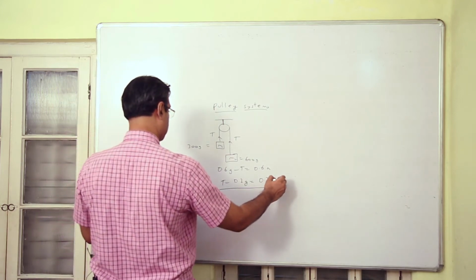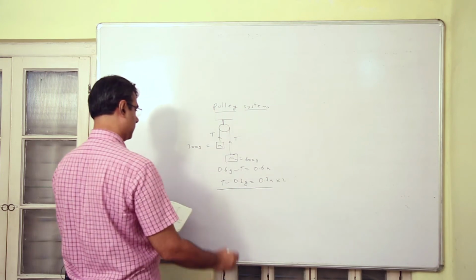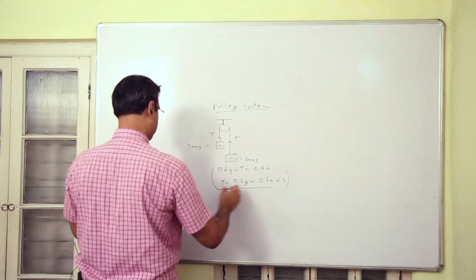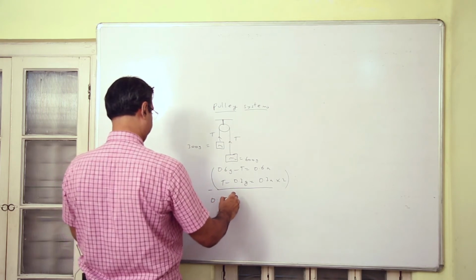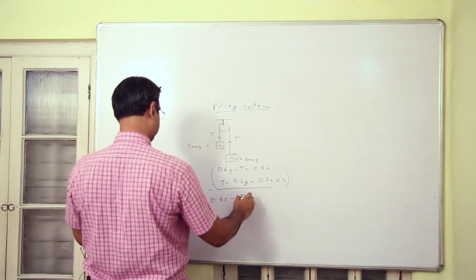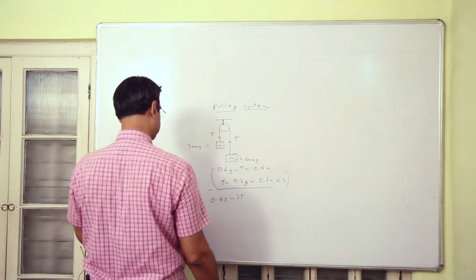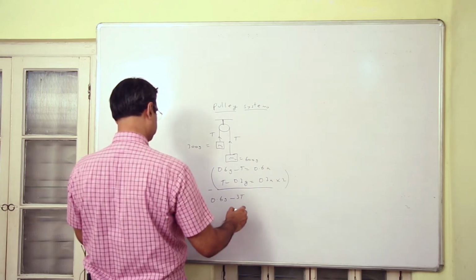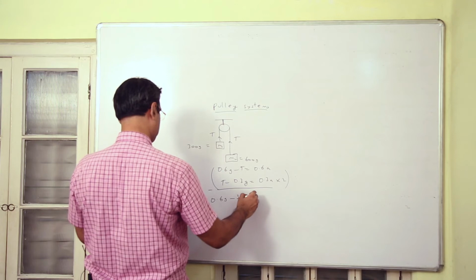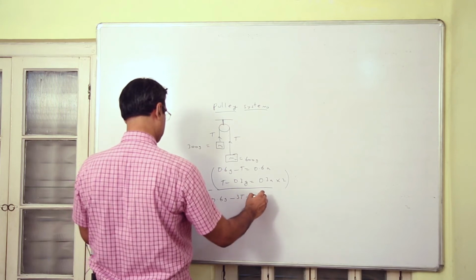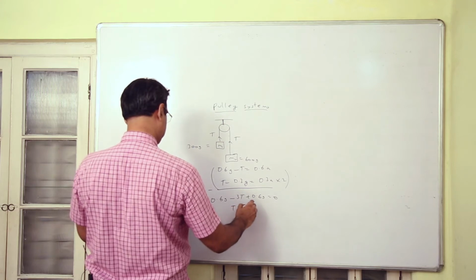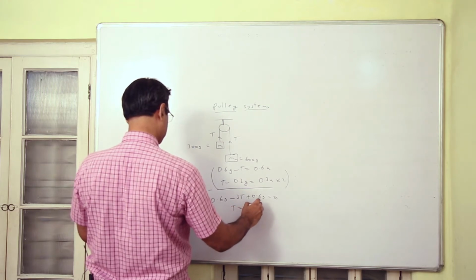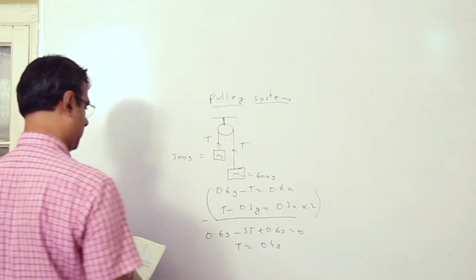Now the thing is, if you multiply this with 2 and then subtract the two equations, then you will get T is equal to 0.4 g.